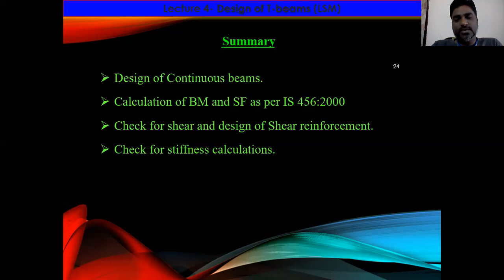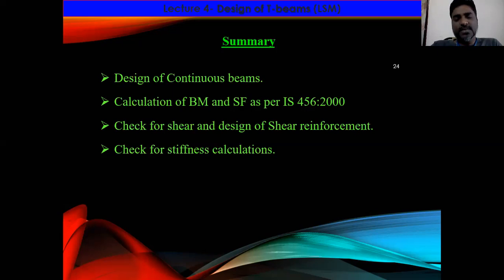That means first we assumed the dimensions of the member based upon the stiffness factor. That is, we assumed L by 15, and we calculated the effective depth, assumed the effective cover, and calculated the overall depth and the width of the beam.